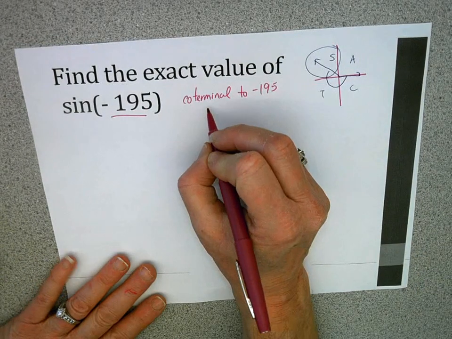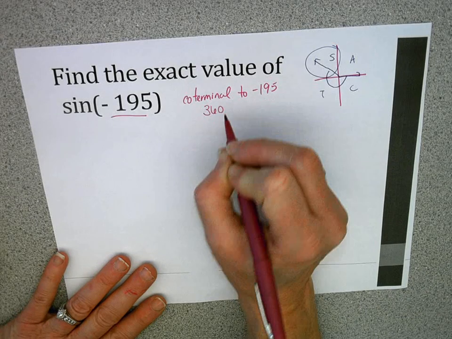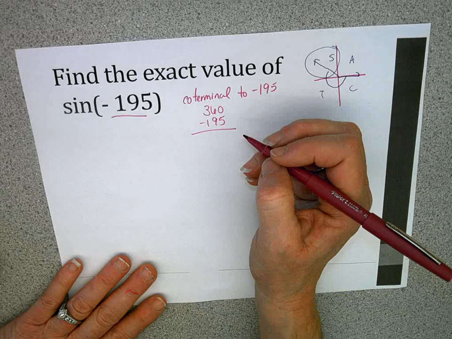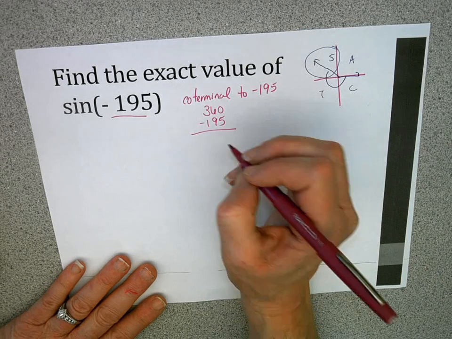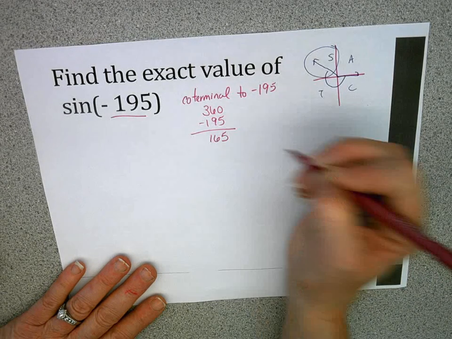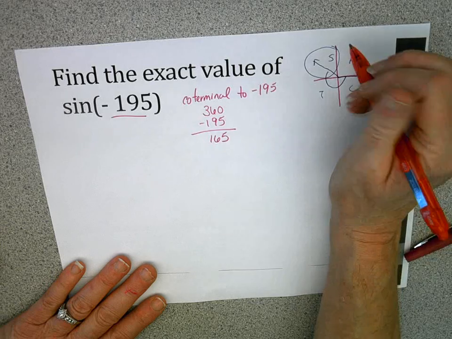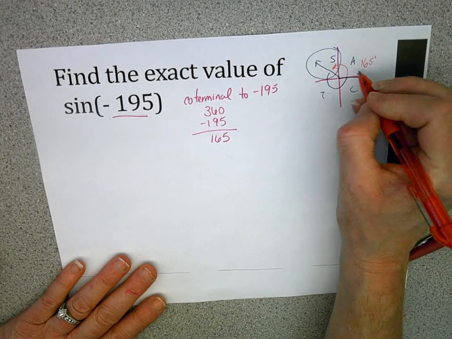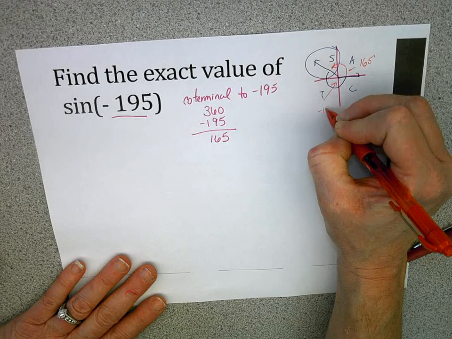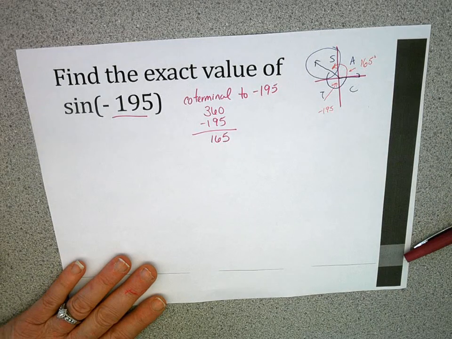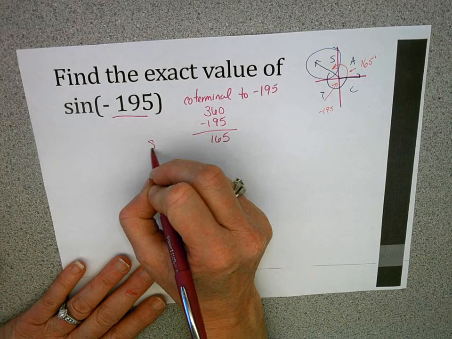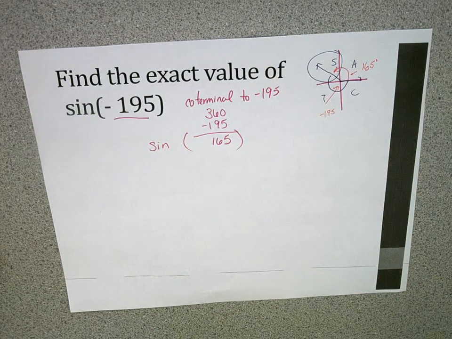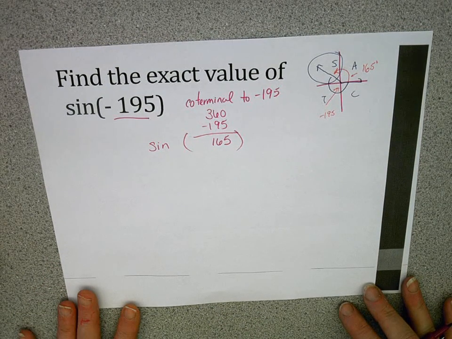And remember, to find coterminal, you're just adding 360 to that negative, and I would get a positive 165. So this angle this way would be positive 165, and this angle here would be negative 195. Together they make 360. I would rather just deal with that. Same quadrant, it really doesn't matter. It may be easier for me to figure out A and B if I'm looking at a positive.